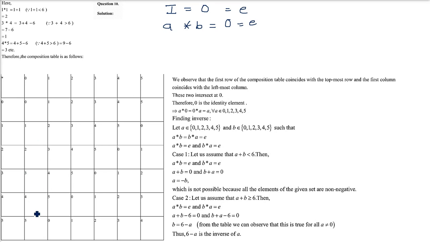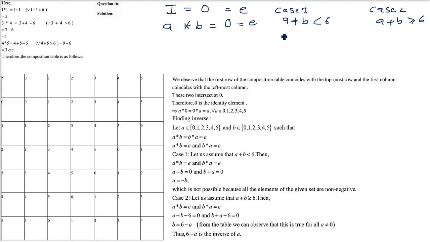The case 1 will be when the values, on adding them, are less than 6, and case 2 when they are greater than or equal to 6. So the first case is a plus b less than 6, and the second case is a plus b greater than or equal to 6.